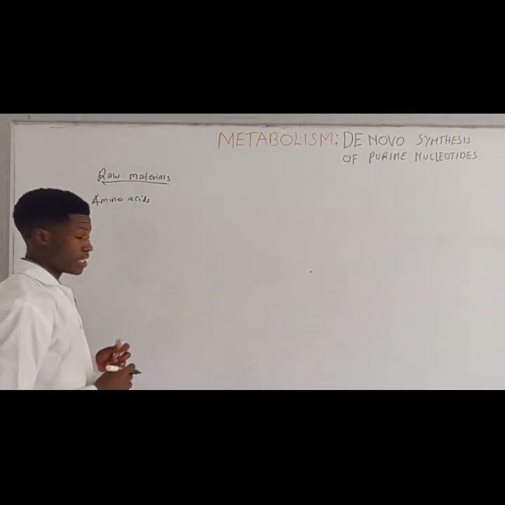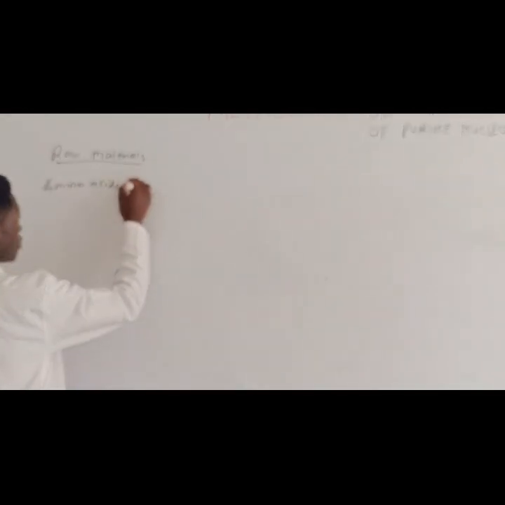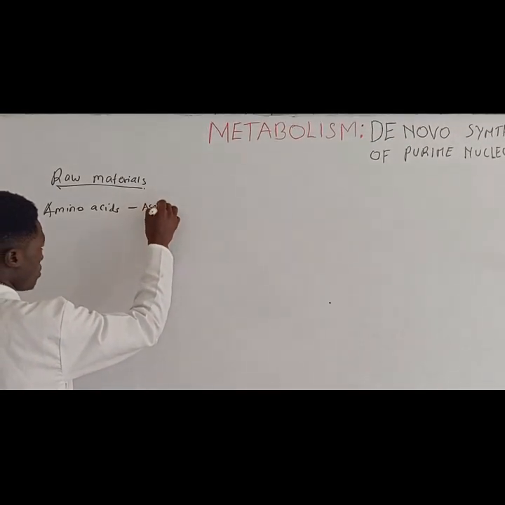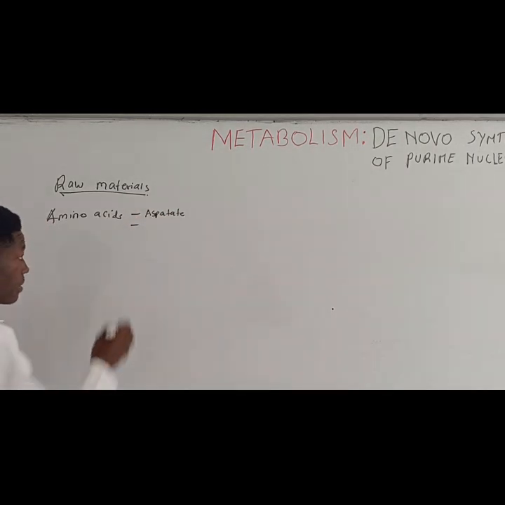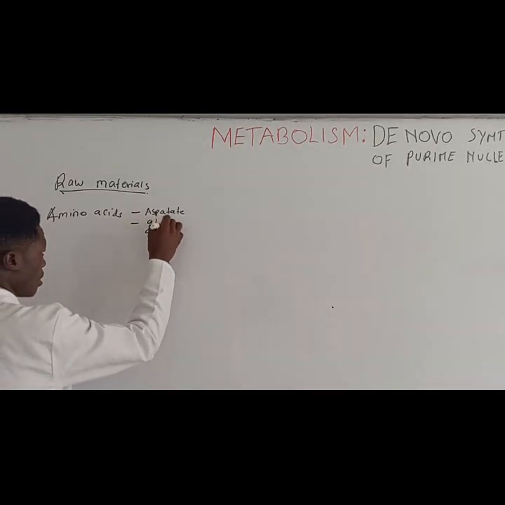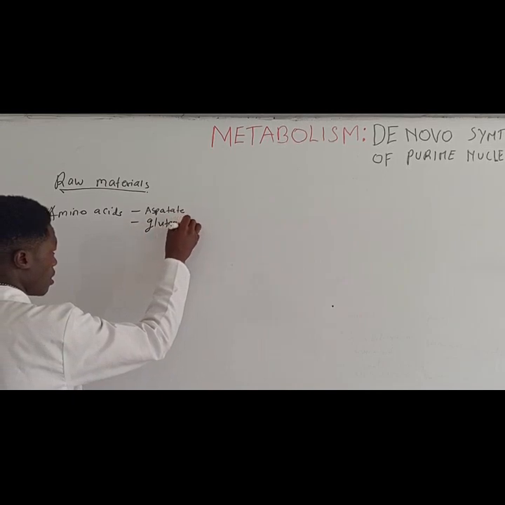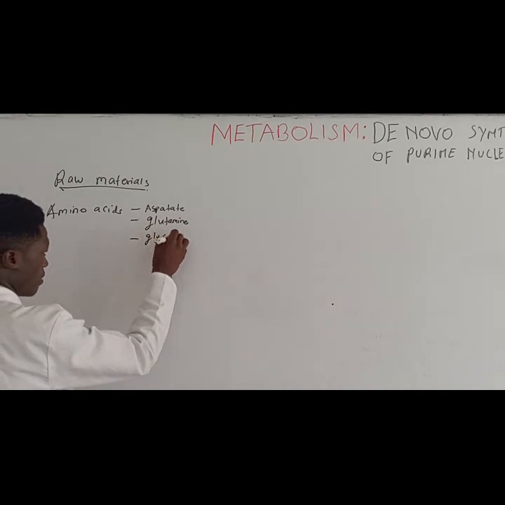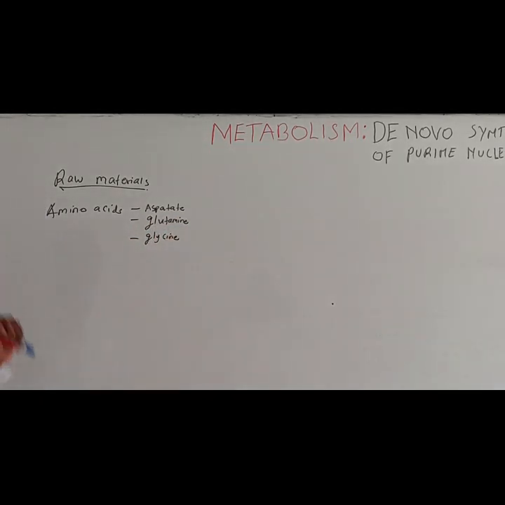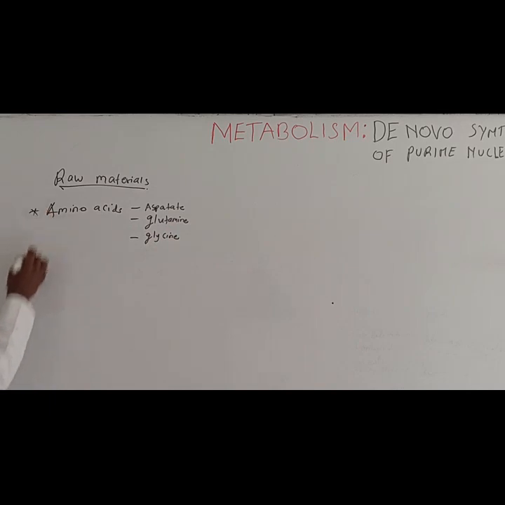And what are these amino acids? The first one is aspartate. Another one is glutamine. And another one is glycine. Then, apart from the amino acids, we are also going to have carbon dioxide, CO2.